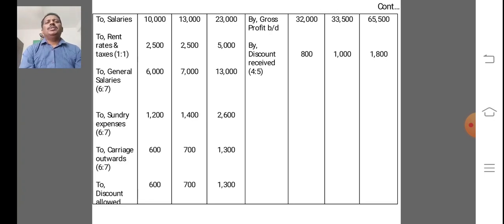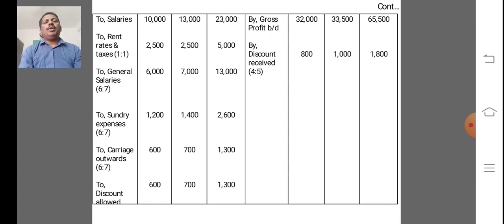And debit the general salaries in the ratio of 6 is to 7, so 6,000, 7,000, total 13,000 as given in the problem. Next, debit the sundry expenses in the ratio of 6 is to 7, that is 1,200, 1,400, equal to 2,600. Carriage outwards is also distributed on the basis of 6 is to 7: 600, 700, 1,300.